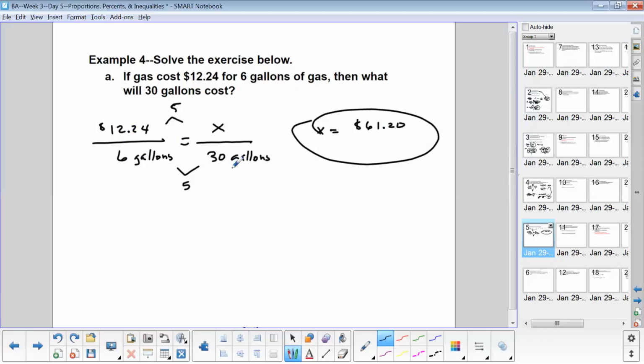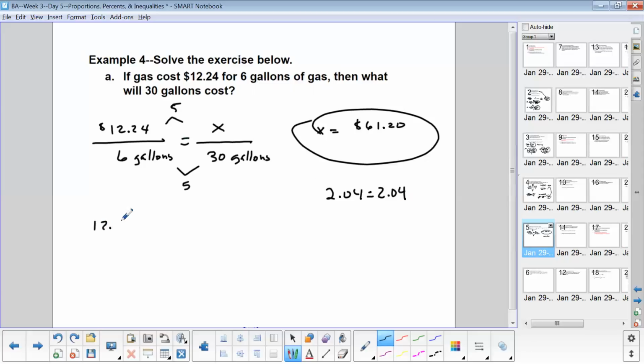Both of these ratios would equal $2.04 if you compute the ratio. So $61.20 divided by 30, I get 2 4/100. If I take $12.24 and divide it by 6, I get 2 4/100.